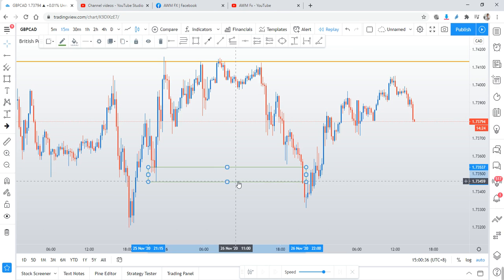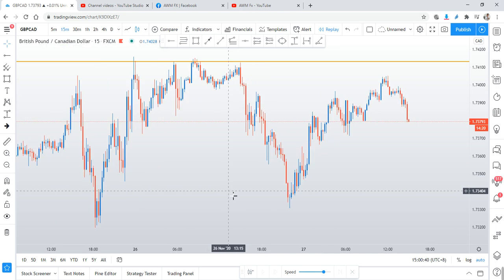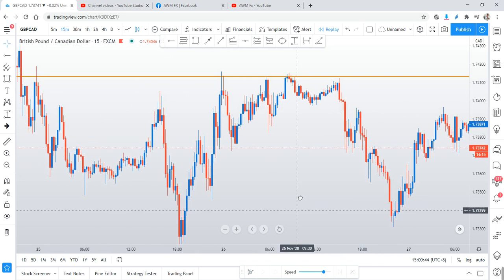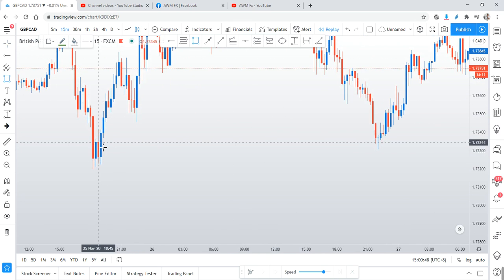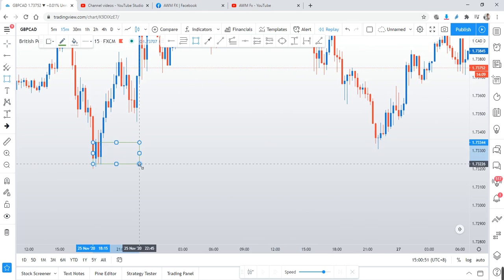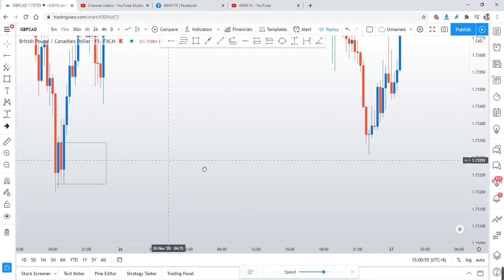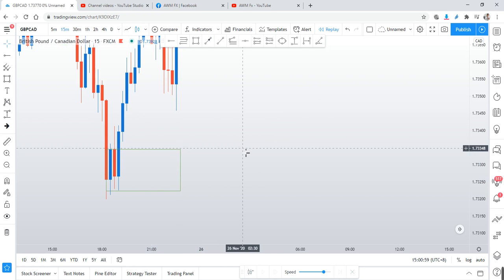Then what happened was that I did place another second trade. This time around, I placed my trade here at this fresh zone, this zone over here. Yesterday I got 2 stop loss.